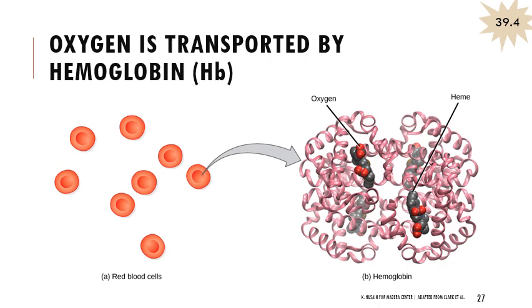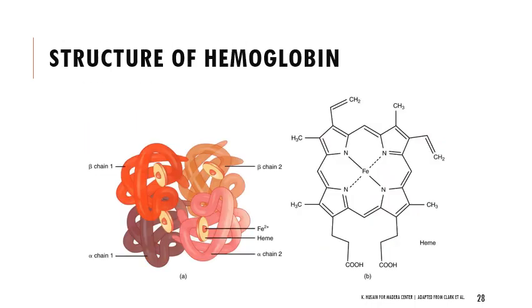I'm going to switch slides and go through a labeled diagram of the structure of hemoglobin. Here we have the hemoglobin protein on the left, and what's called the heme molecule on the right. Hemoglobin is 4 chains of the globin protein, so it's actually 4 subunits of protein put together.